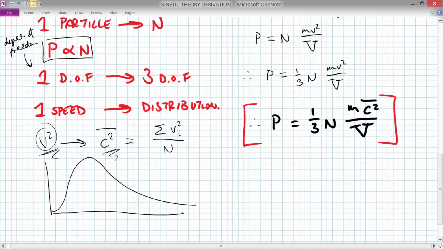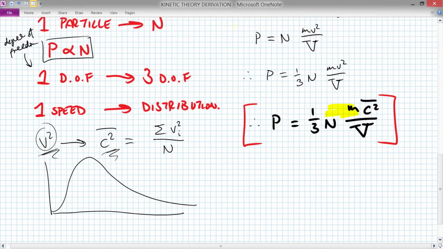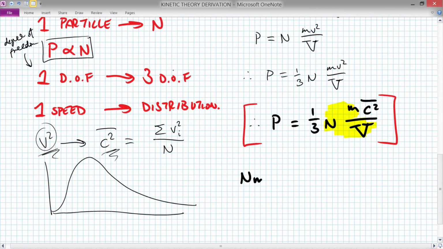Really important. And actually we went one further there. If we look at this equation and pull out some terms, there are 3 terms that interest me here: N, m, and big V. This is the number of particles, this is the mass of one particle, and this is the total volume of gas.